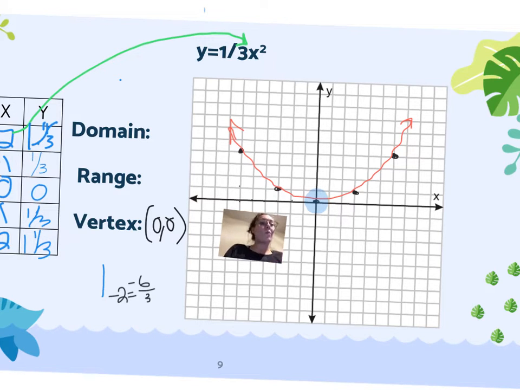And then the domain is any value that you could, if you were walking along this x-axis here, be in order to fit on here.